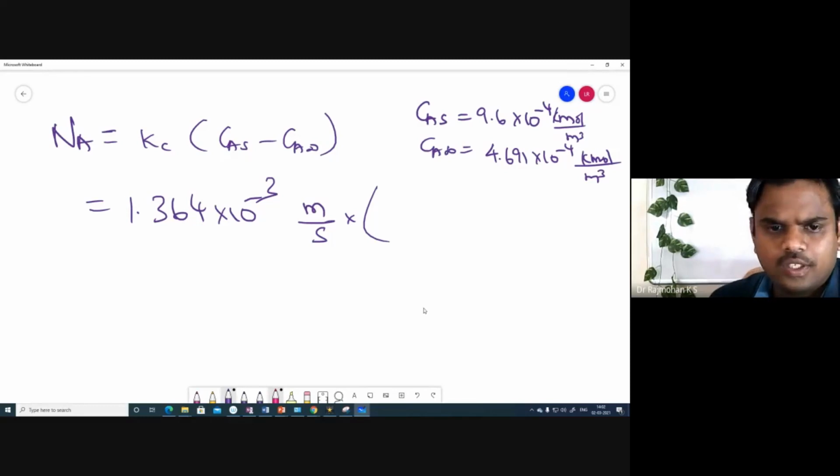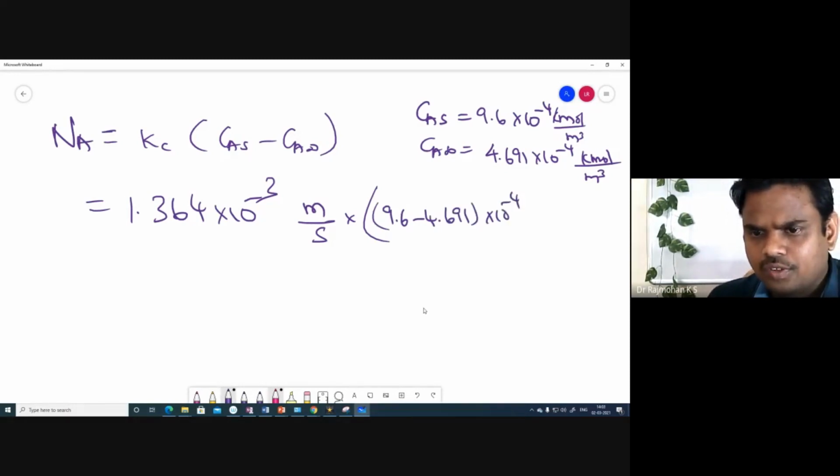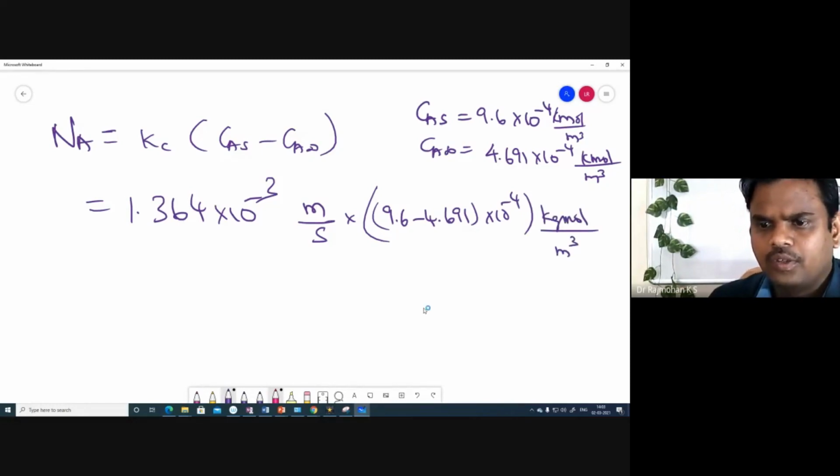So can we substitute here? Yeah, 9.6 minus 4.691 into 10 power minus 4. Okay, so the unit is kilomoles per meter cube.